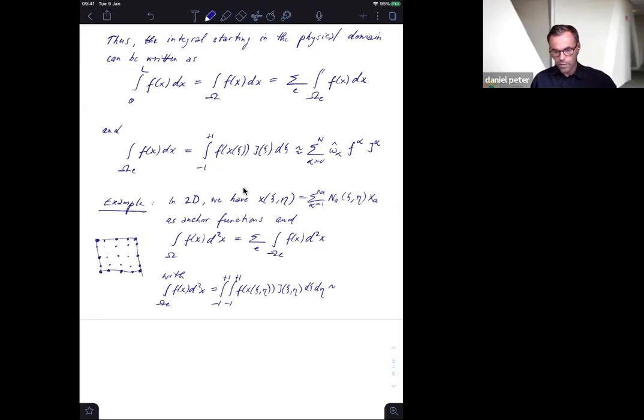Good, and then comes the quadrature rule. It's going to be a double sum over alpha and beta, over the integration weights omega alpha and omega beta, times the function coefficient evaluated at the nodal point alpha beta, which is associated to this. And the same with the Jacobian alpha beta.